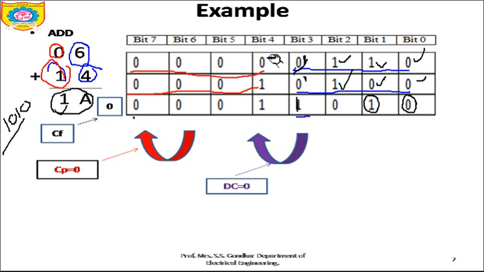Then 0 plus 1 is 1, 0 plus 0 is 0, and 0 plus 0 is 0. In this way we got the addition of these two numbers.